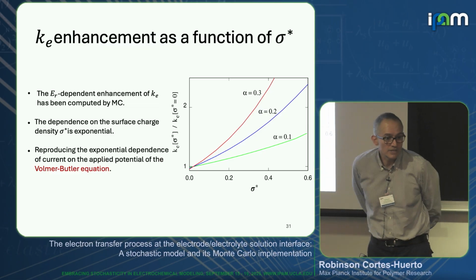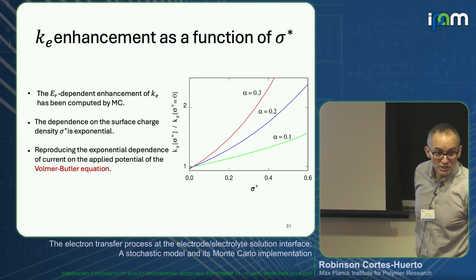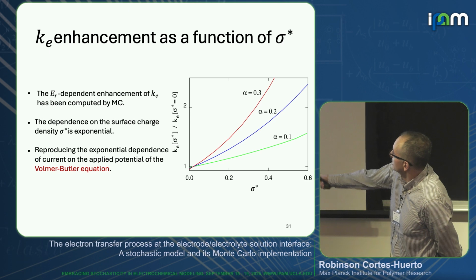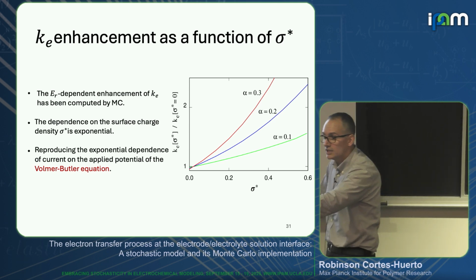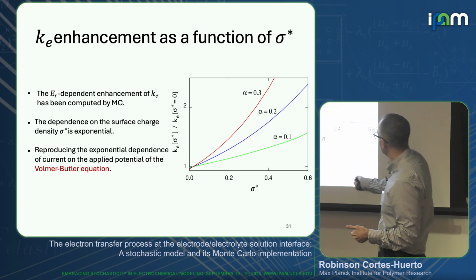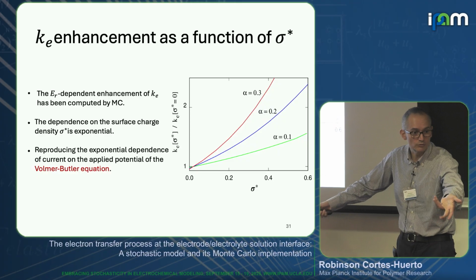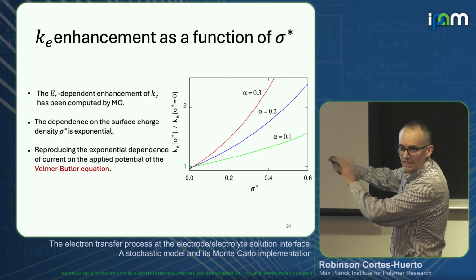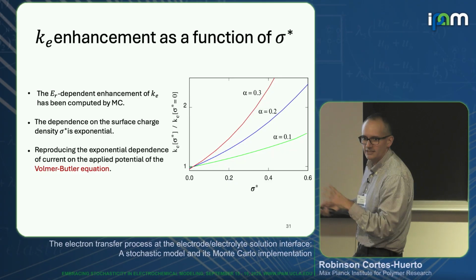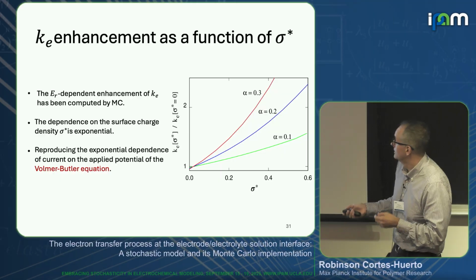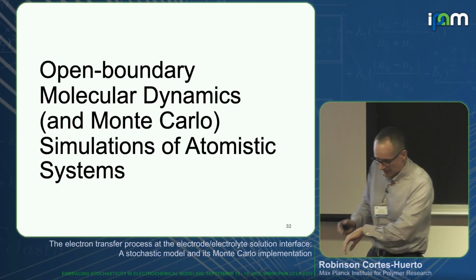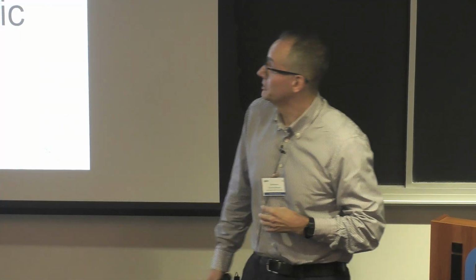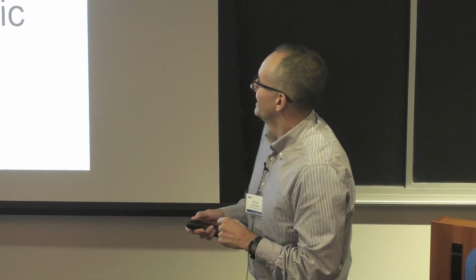And this reproduces the Butler-Volmer equation, because this quantity here is proportional to the current density, and this quantity here is proportional to the applied voltage. So this is a very nice result. Still being analyzed, because as I said, we got the results last night. Okay, now I have 14 minutes, I guess.